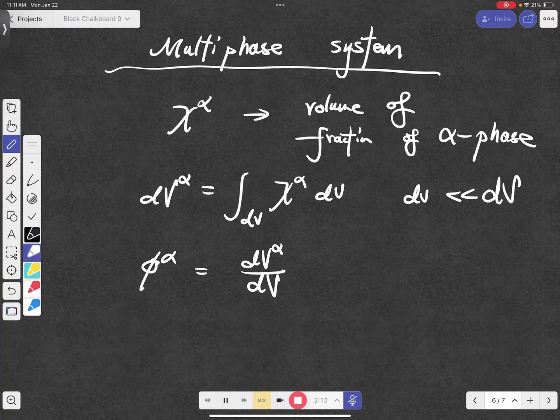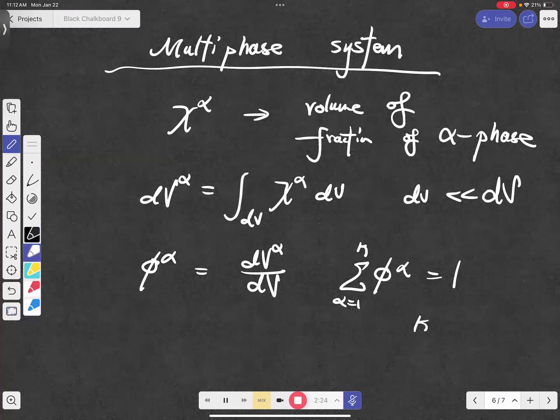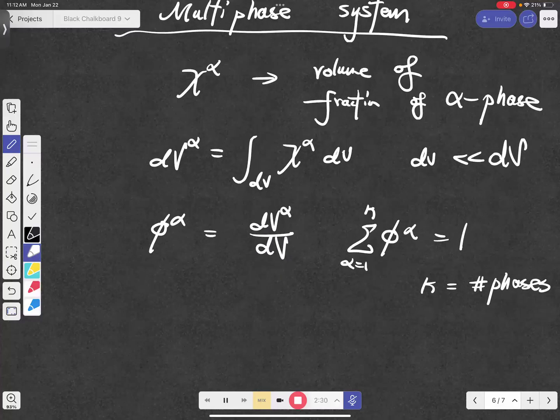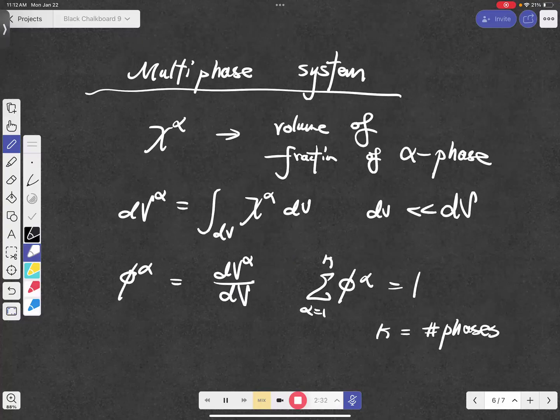Again, the total volume fractions, if I sum up everything together, equals 1, where the upper limit is the number of phases. Okay, so far so good.